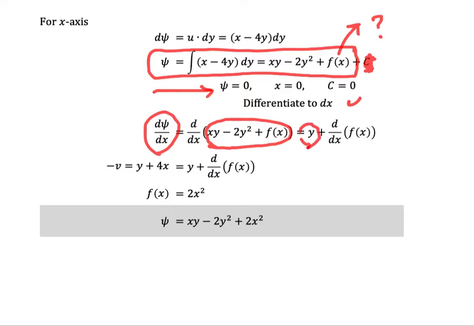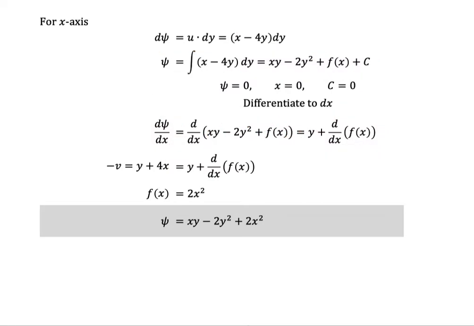If we differentiate negative 2y squared, it becomes 0 because it is a constant in terms of the x element. And then we need to differentiate f(x), so we write d over dx of f(x).